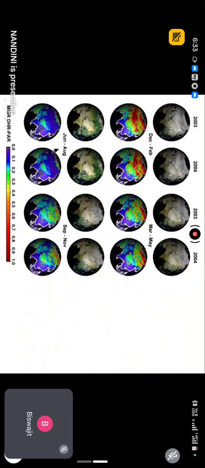Even though globally we have four seasons, summer, winter, autumn, and spring, when we talk about seasons over India, we generally say winter, pre-monsoon, monsoon, and post-monsoon. Winter is December, January, February. Then March, April, May is the pre-monsoon period, where we have very high temperatures. So that is our summer generally. And then we have June, July, August, which is the monsoon.